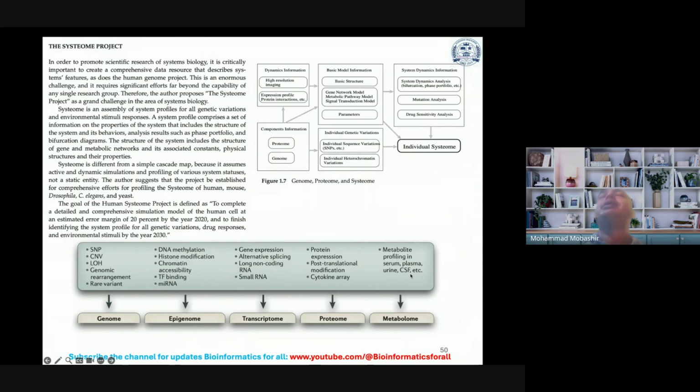And you, as a systems biologist, are not just analyzing the individual level information only, but also you need to integrate them in a model in order to mimic the entire system. So you need to integrate all the different levels of information into one model to show the final phenotype of this organism or the organ or the system.